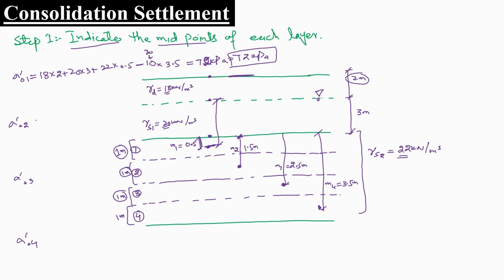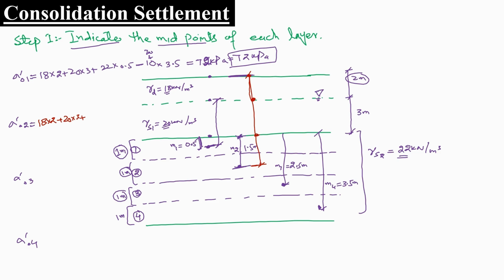Now you can again continue for second layer, second midpoint. Now this is the second midpoint. So for second midpoint, we need to go to this point from surface. Just start from surface and stop where the unit weight changes. The unit weight of top 2 meter is same, so we'll write 18 multiplied by 2 plus. From this point to this point, the unit weight is 20 and depth is 3 plus.